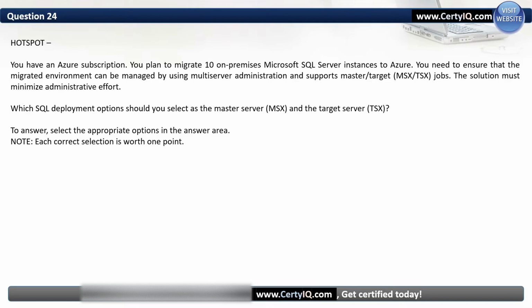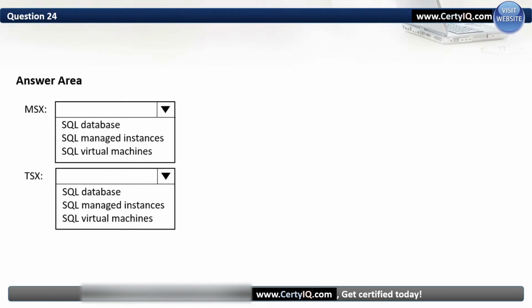To answer, select the appropriate options in the answer area. Note, each correct selection is worth 1 point. To the answer area, MS. The correct option is SQL Managed Instance. To the next statement, TS. The correct option is SQL Managed Instance.